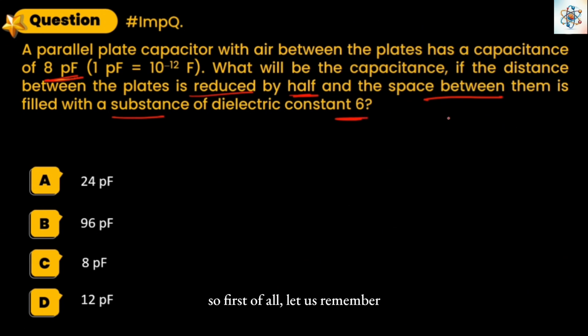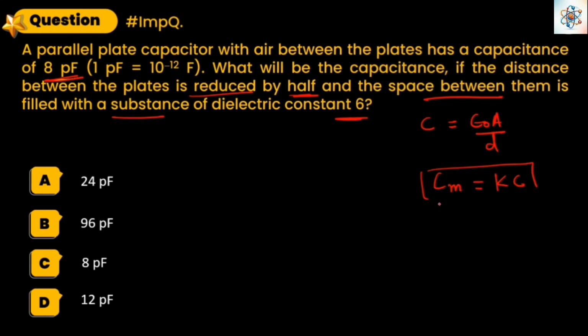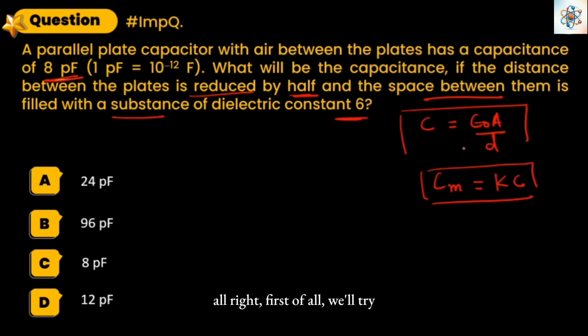So first of all, let us remember the two formulas. First is for capacitance, epsilon naught A by D. And second, if there is dielectric, then capacitance will increase by the factor of K. All right. First of all, we'll try to calculate the capacitance.